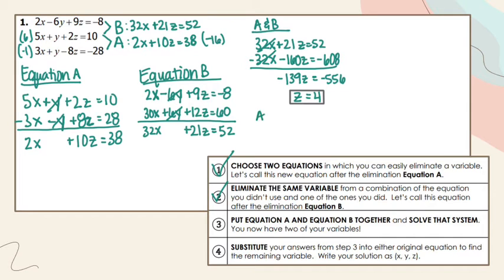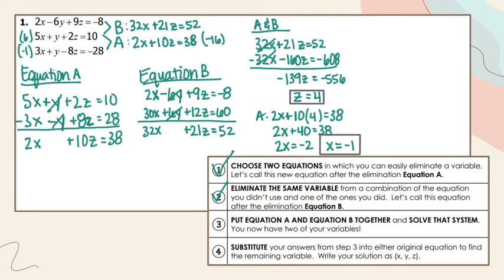So equation A is what I'm choosing to use. 2x plus 10z, which is 4 now, equals 38. So 2x plus 40 equals 38. Subtract 40 from both sides, 2x equals negative 2. X is going to equal negative 1.